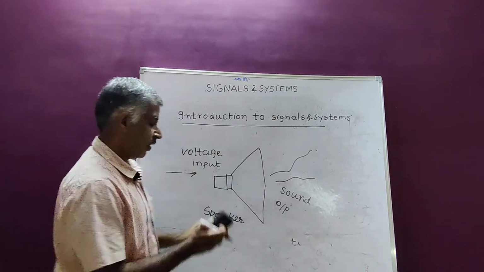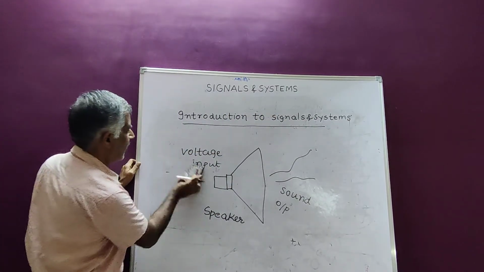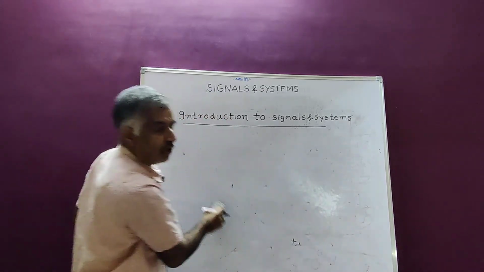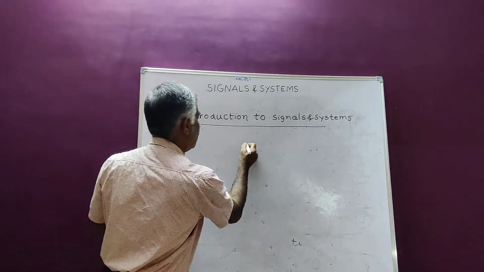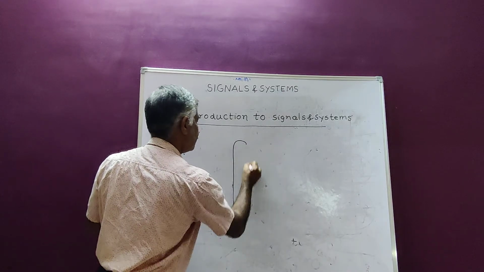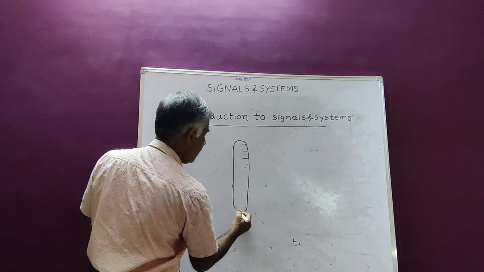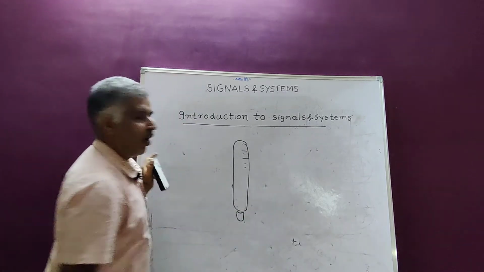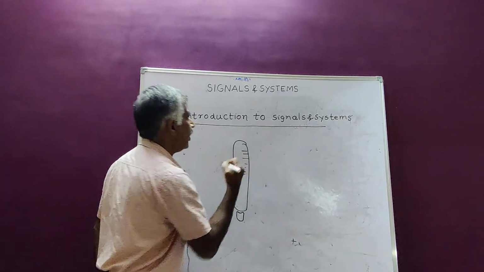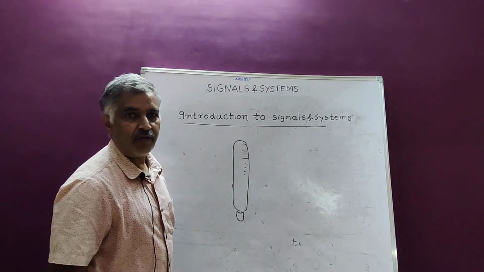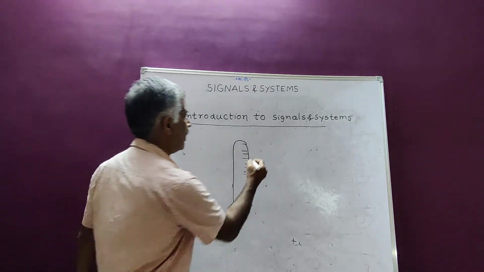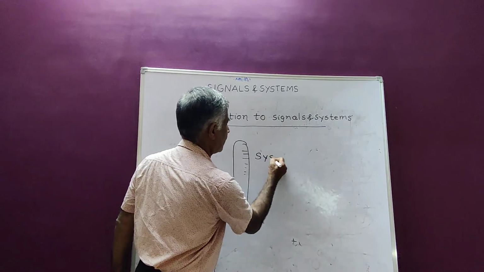This is one example. Another example I want to take is that of a clinical thermometer. A clinical thermometer is another example of signals and systems. The clinical thermometer is the system.